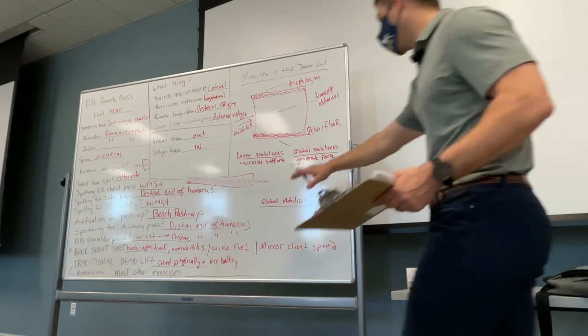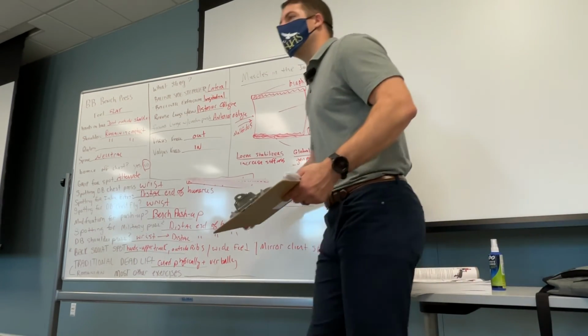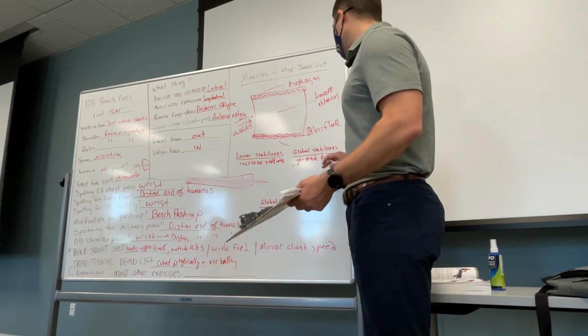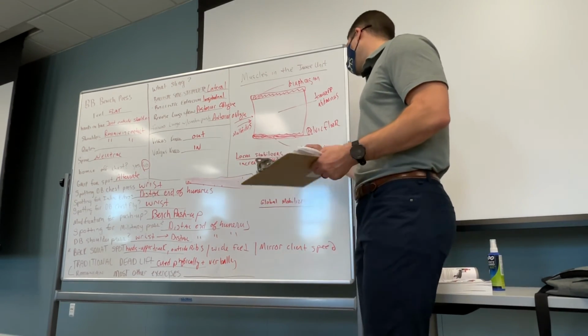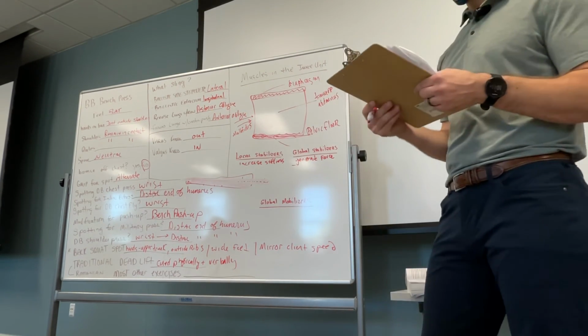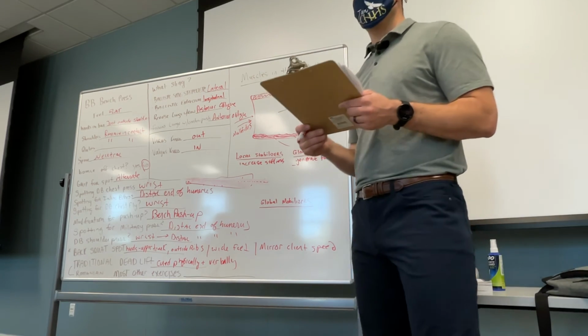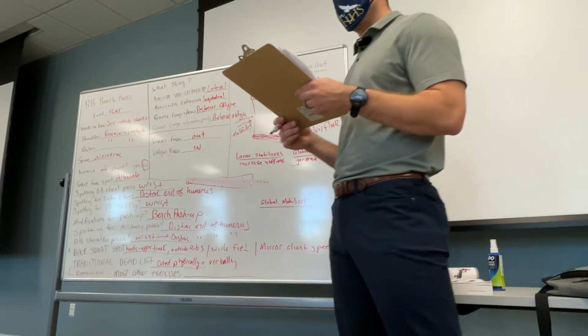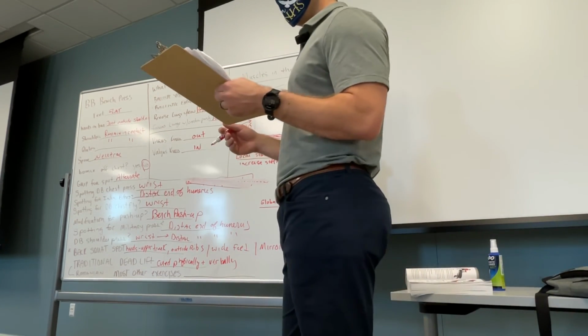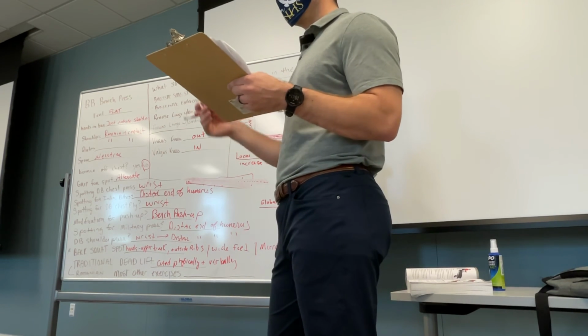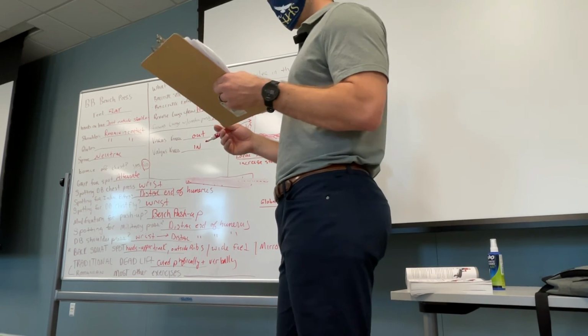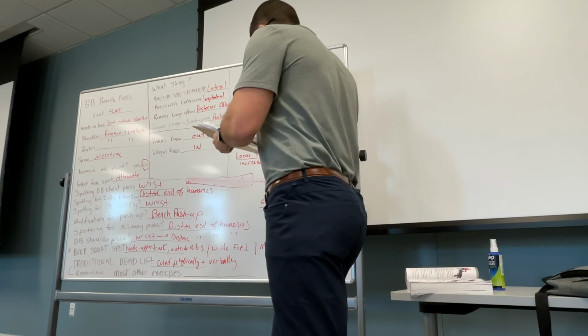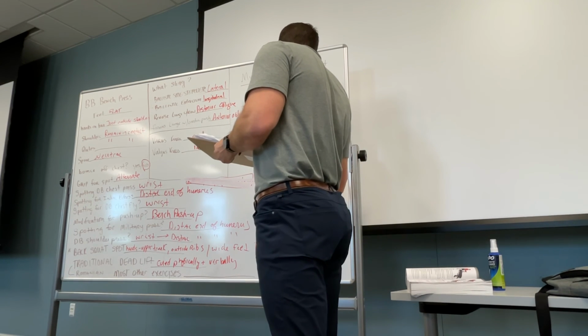Now remember, we have global mobilizers, things that move us. We have global stabilizers and local stabilizers. What would be a global stabilizer? Any guesses? The glute actually. So the glute med will be in here.